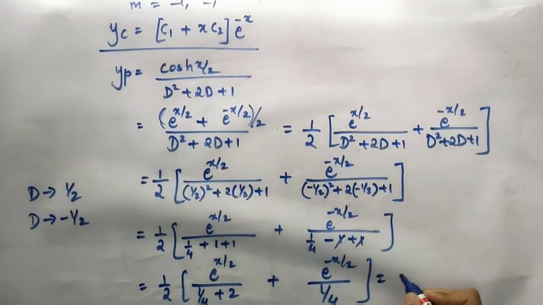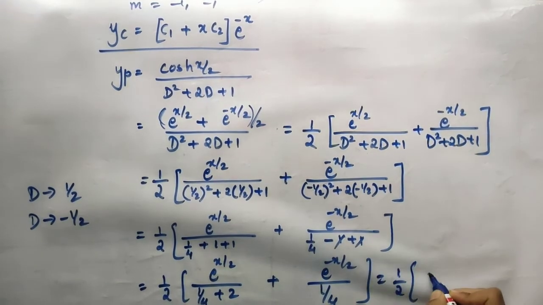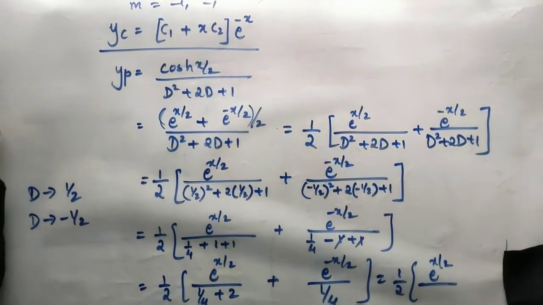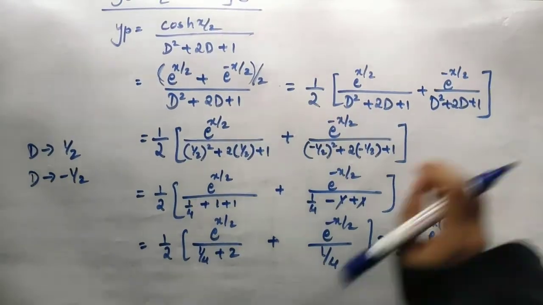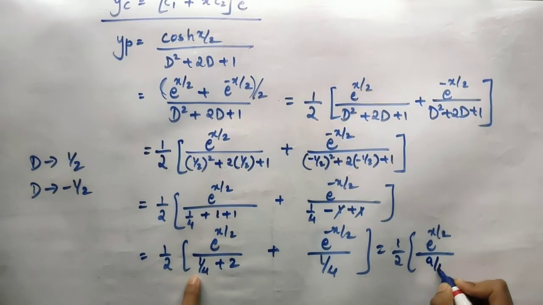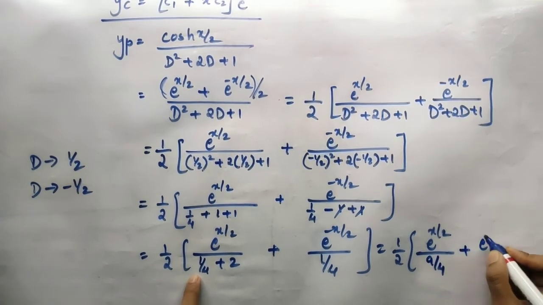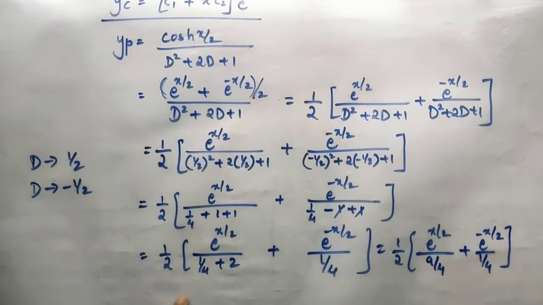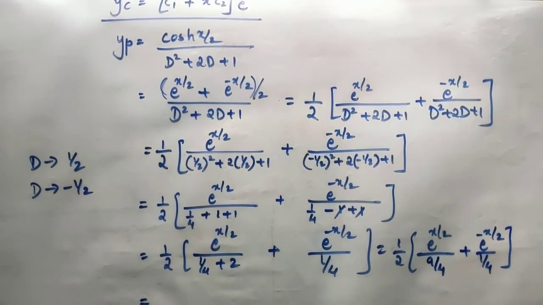Or further if we simplify, it will be half e to the power x by 2 divided by, you take the LCM. Yes, you take the LCM. 4 is the LCM. 4 times 2 is 8, 8 plus 1, 9. So 9 by 4, plus e to the power minus x by 2 divided by 1 by 4. Okay. Or it is equal to, 4 is common to both. It will come to the numerator.